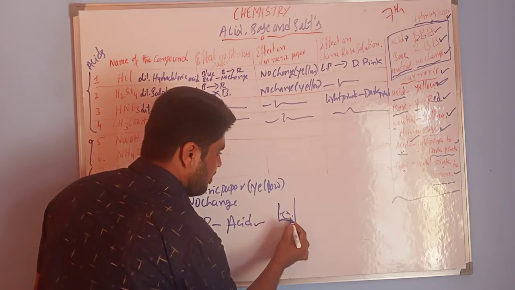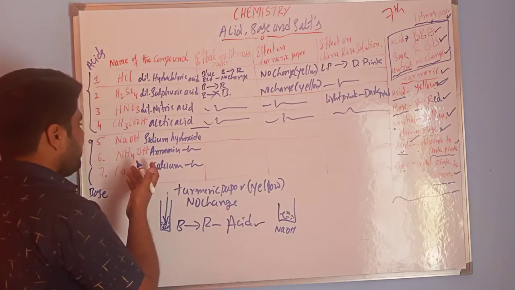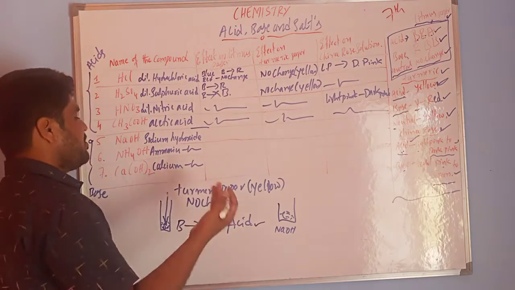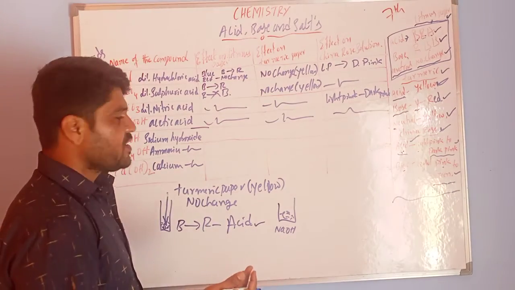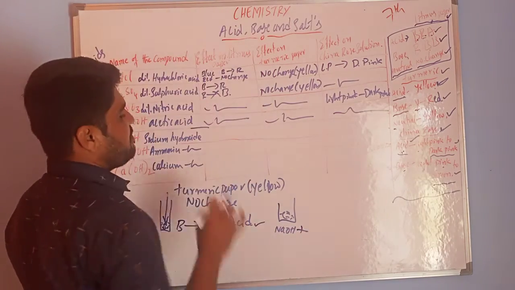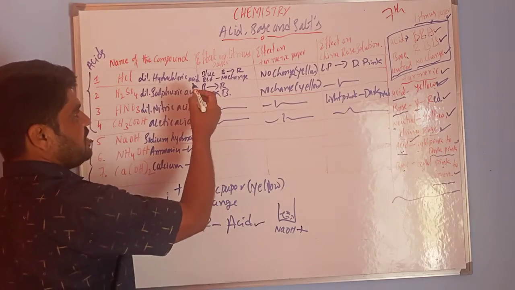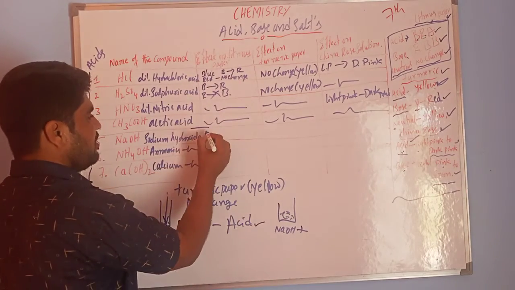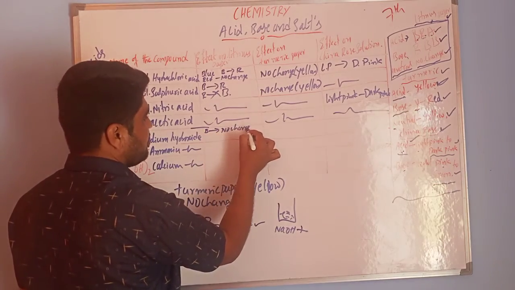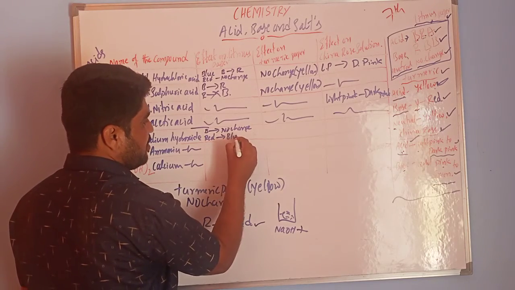In this test tube I am taking a base, NaOH, like calcium hydroxide, ammonium hydroxide, potassium hydroxide, and many other bases. When a base reacts with litmus paper, red or blue: generally we know blue to red is acidic. So blue litmus paper shows no change in color, and red litmus paper changes into blue color.